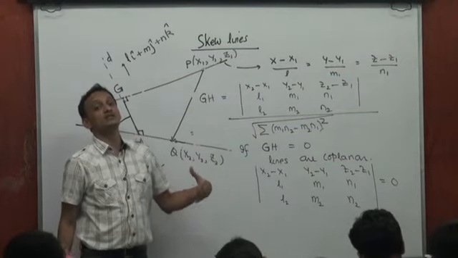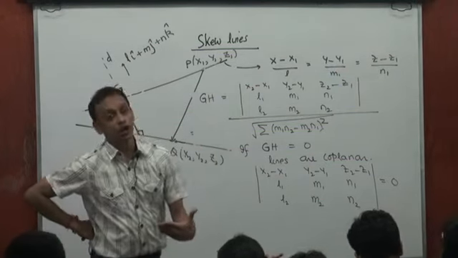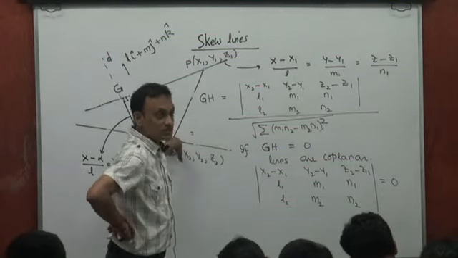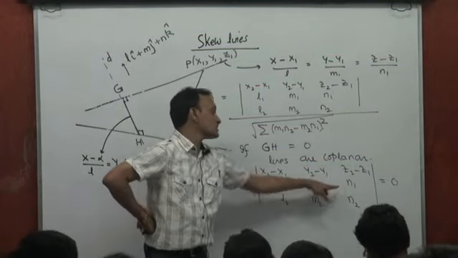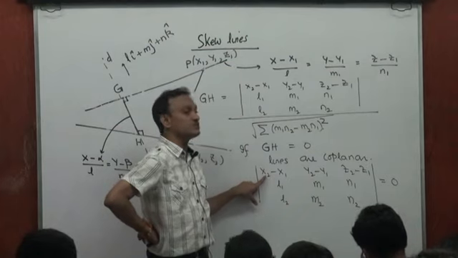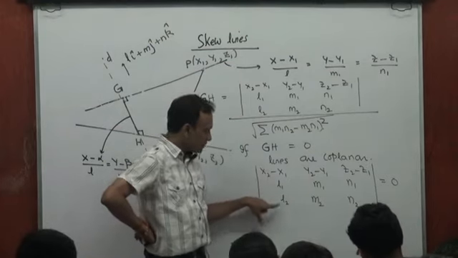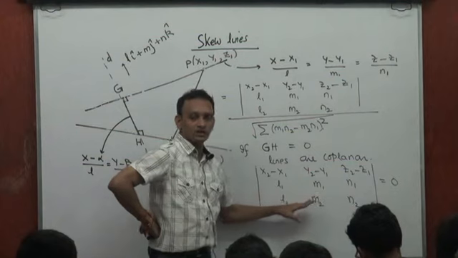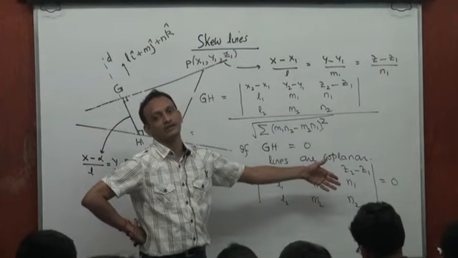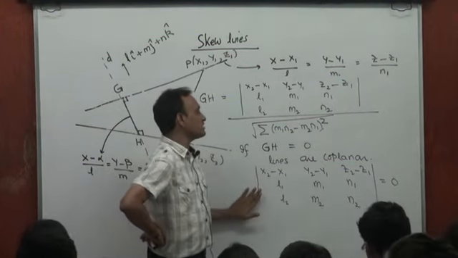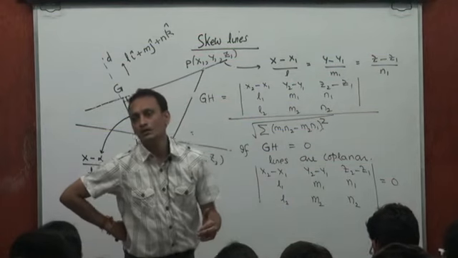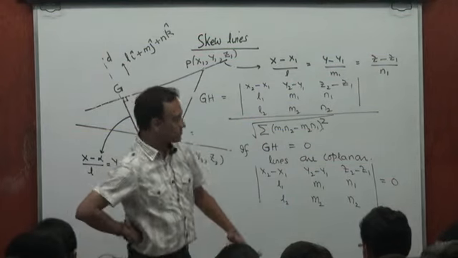This then brings us the condition for coplanarity of two lines. The direction cosines are these, and one line passes through x1 y1 z1, the other line passes through x2 y2 z2. L1 m1 n1 are the direction cosines of one line, L2 m2 n2 are the direction cosines of the other line. The two lines will then turn out to be coplanar lines, right? This is important.